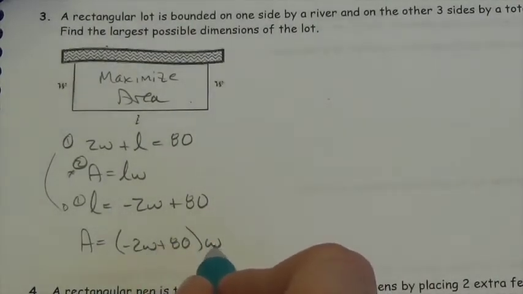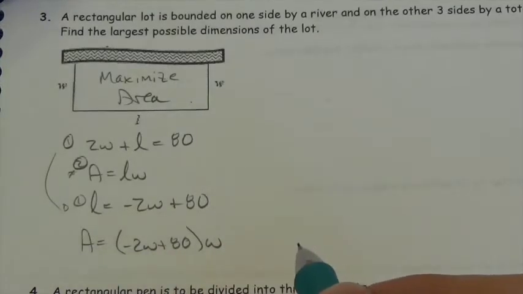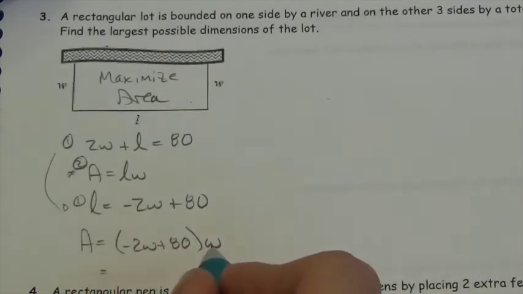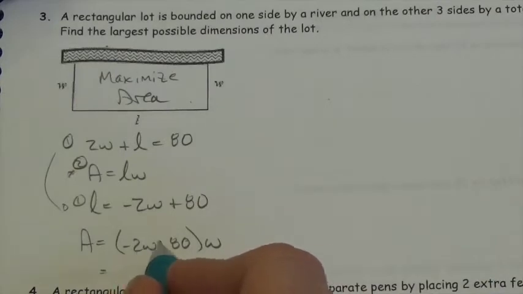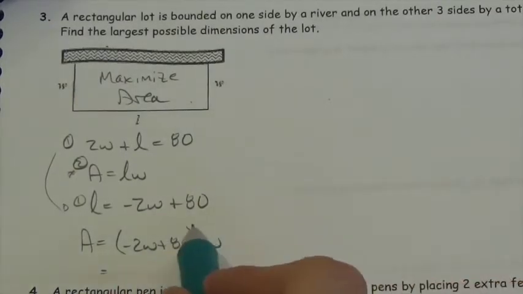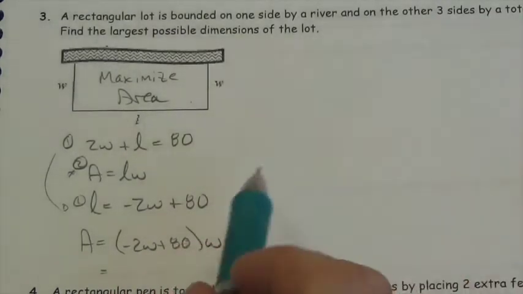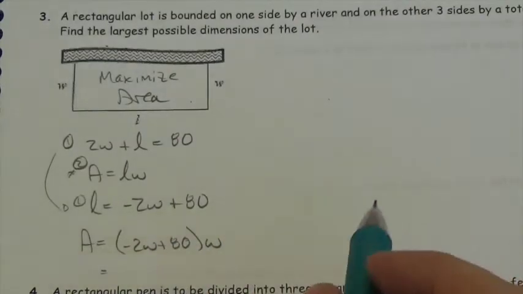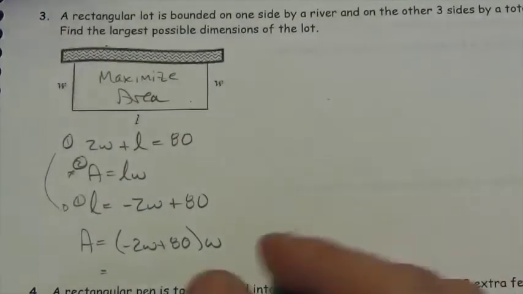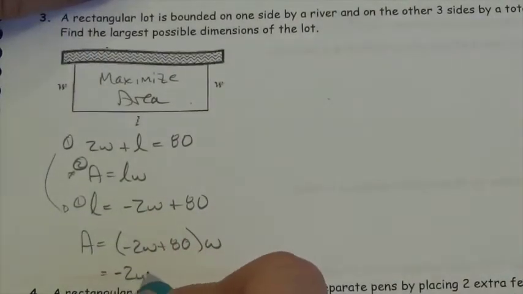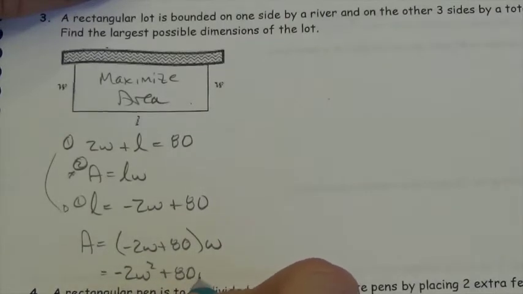Now distribute the W through the two terms in this binomial. I can do that because multiplication does distribute over addition. But remember what we looked at earlier: an exponent doesn't, but multiplication does. So negative 2W squared plus 80W.